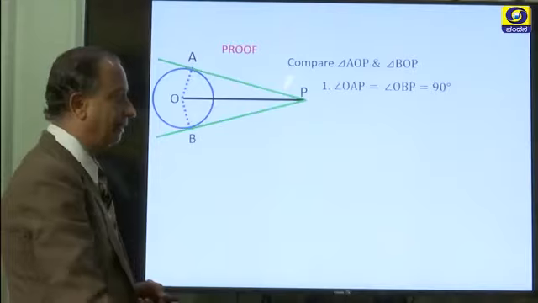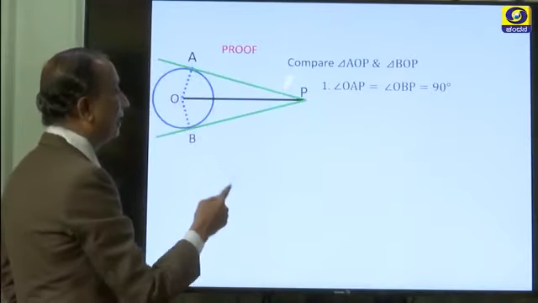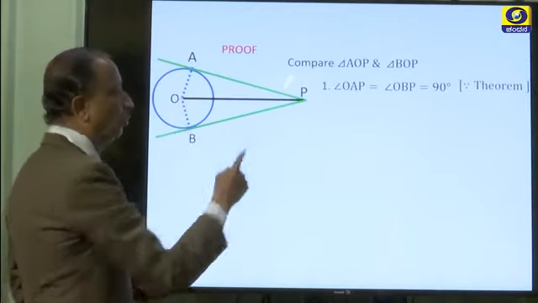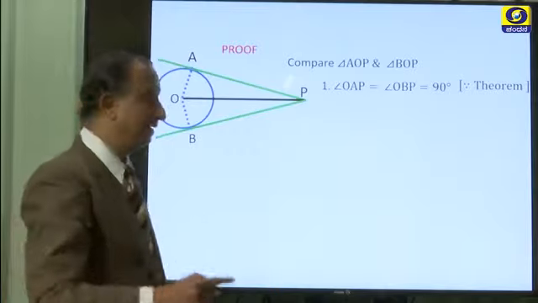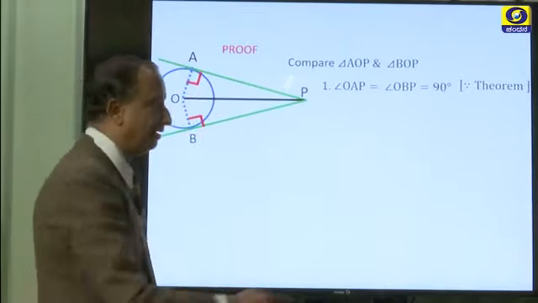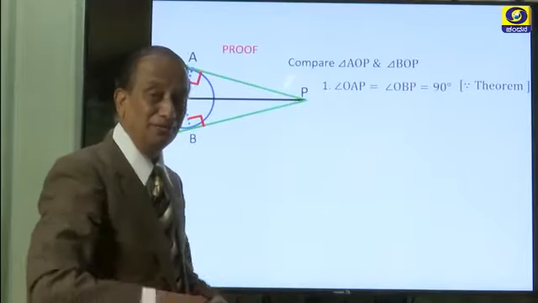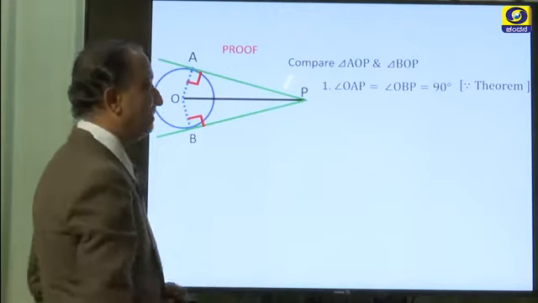The point number 1 is angle OAP is equal to angle OBP, you know, because of 4.1: radius and the tangent at the point of contact are perpendicular to each other. See, theorem number 2 we are able to prove with the help of theorem number 1 only, which we have learned just now.